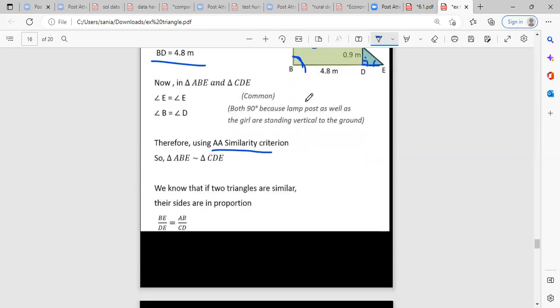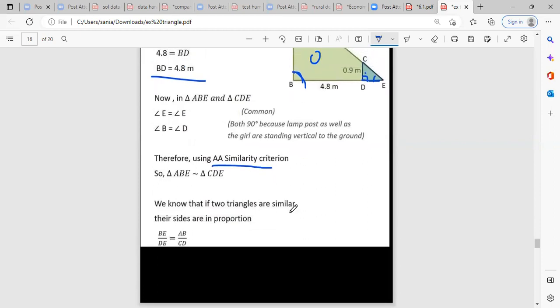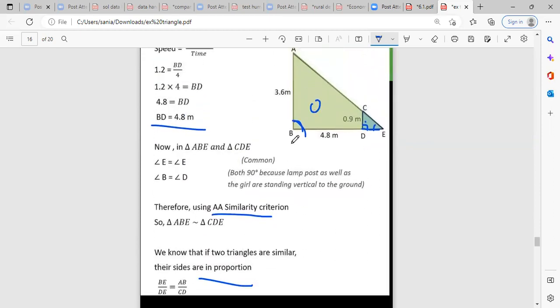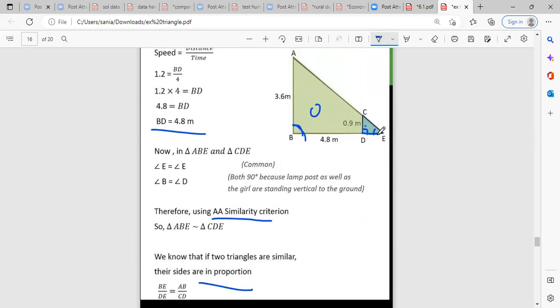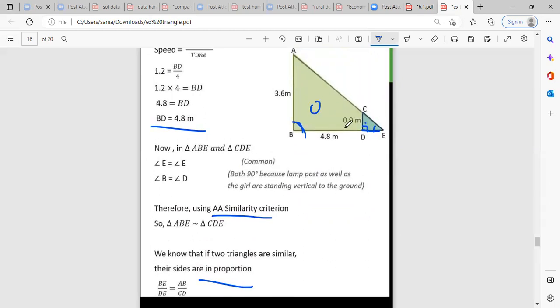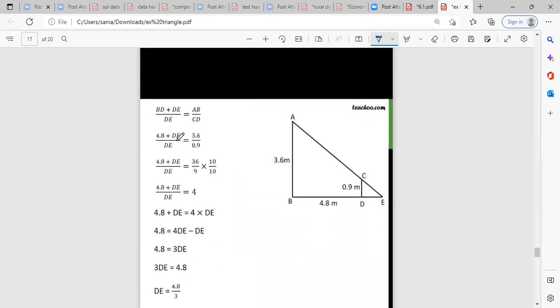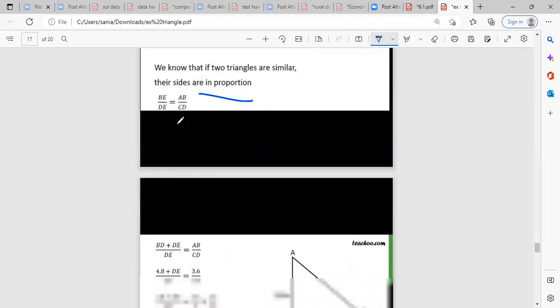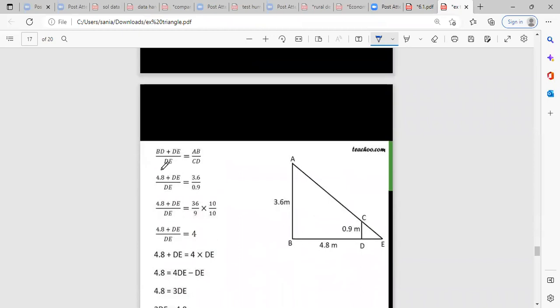Yes. So we know that if two triangles are similar, then their sides are in proportion. So that means BE divided by DE equals AB divided by CD, right? Then what you are going to do? You will split this one, BE.